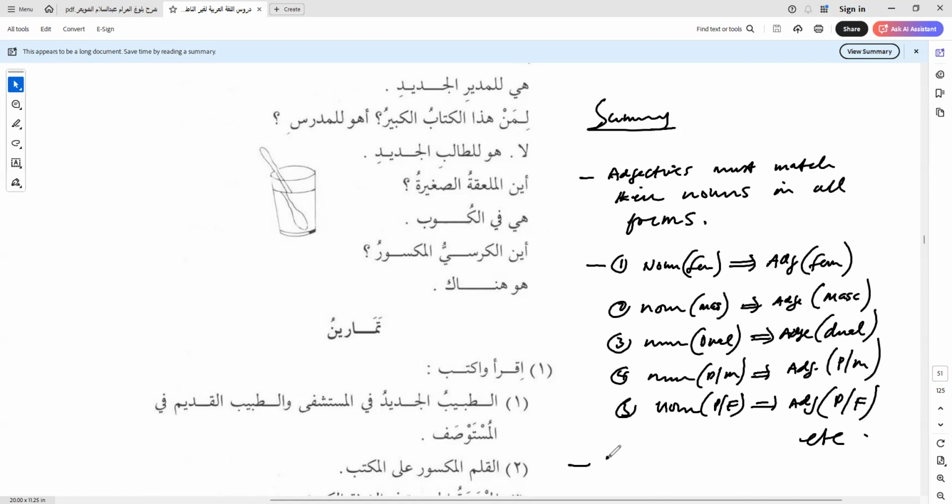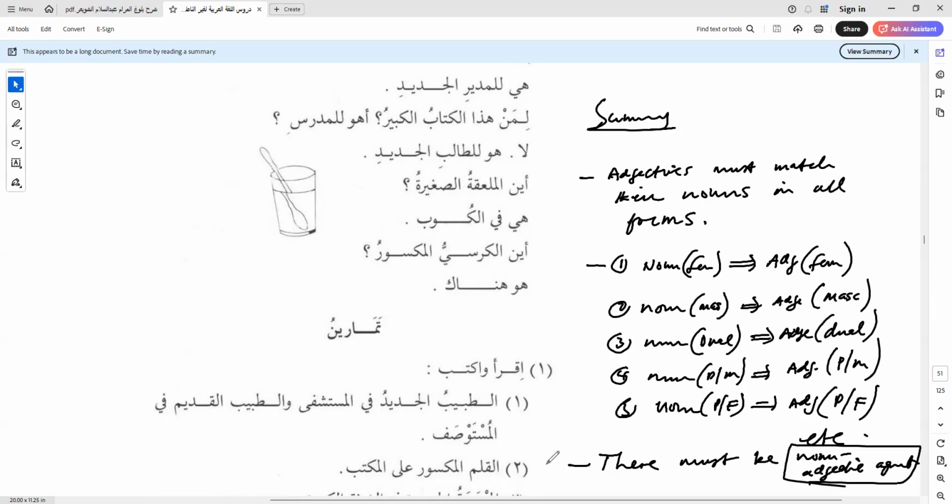So therefore, we can say there must be noun-adjective agreement in Arabic. Very, very important.